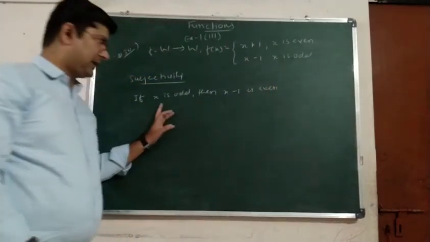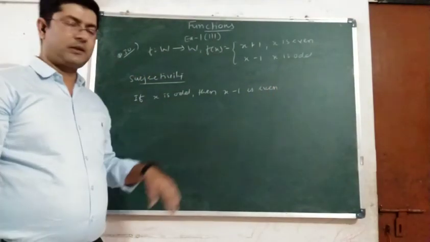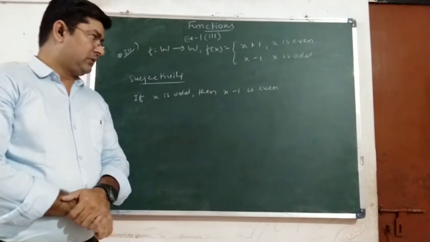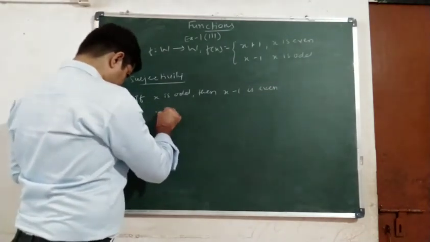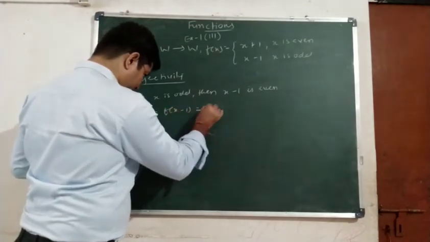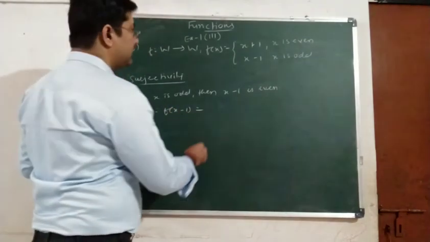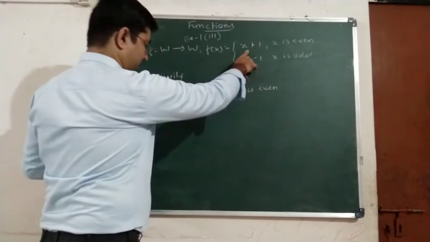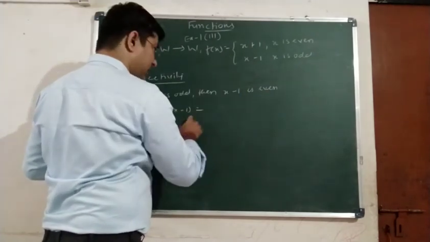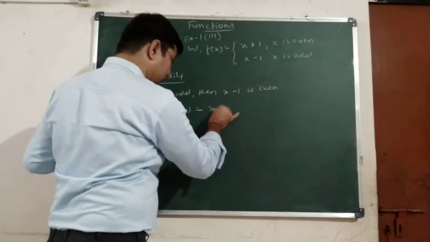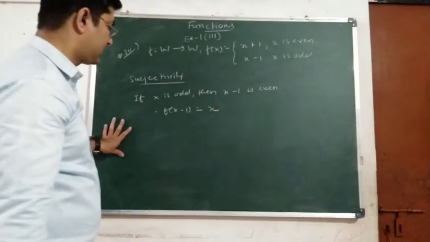Yes or no? If x is odd, then on subtracting 1 from the odd number, you will get an even number, and therefore f of x minus 1 is the image of x minus 1 for x even. If you put the formula value in place of x, x minus 1, we will get x. Yes or no? x minus 1 plus 1.